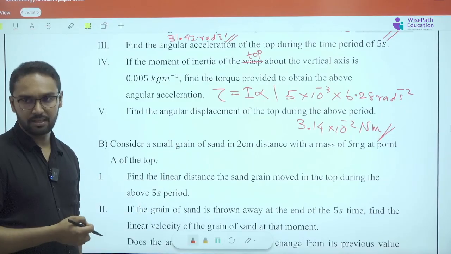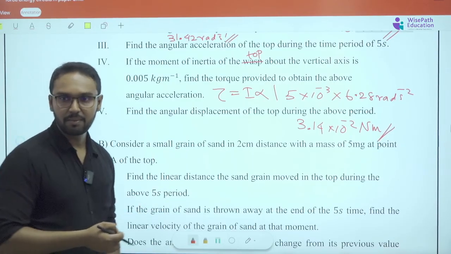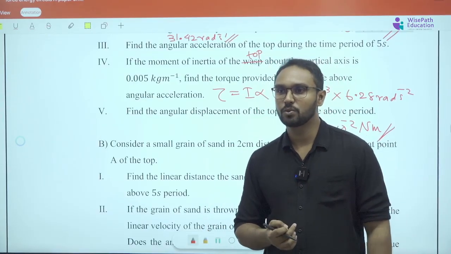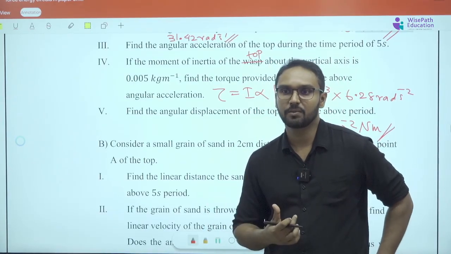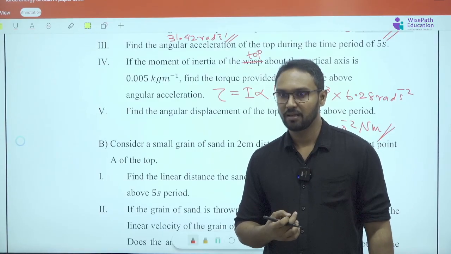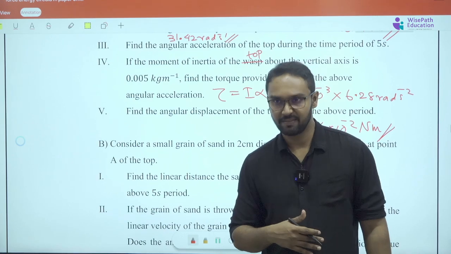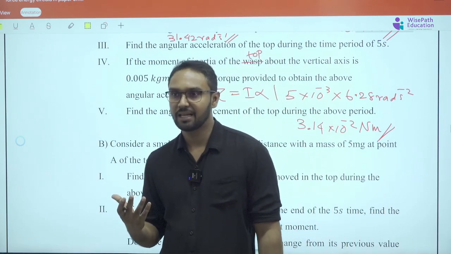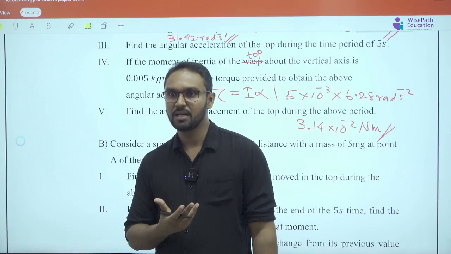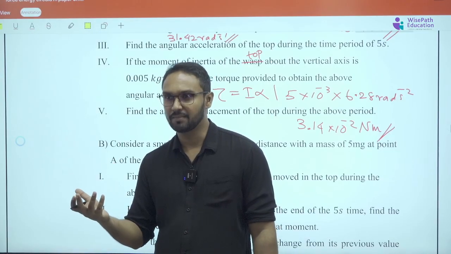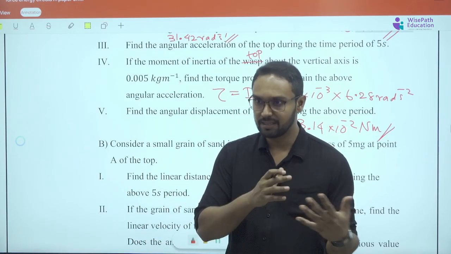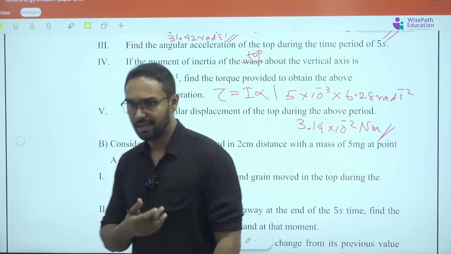We can use the same in circular motion. u is omega naught, the initial velocity. v is the final velocity, omega t, divided by 2 multiplied by t, time is the same. So the linear equations are the same as the circular ones, only the symbols change.